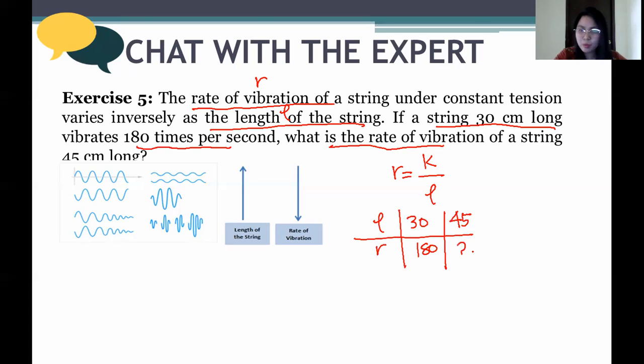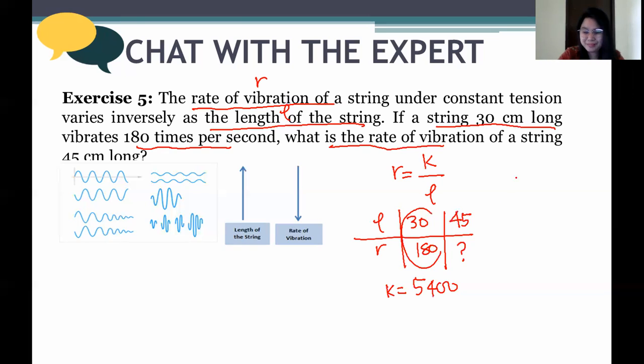We are looking for the rate of vibration. First step, we can solve for K. K is the product of these two. So 30 times 180 is 5,400.